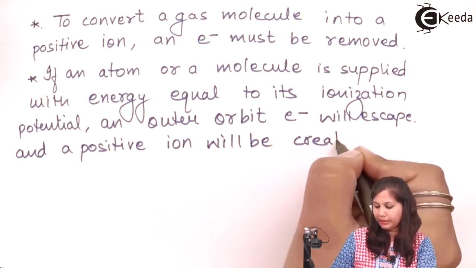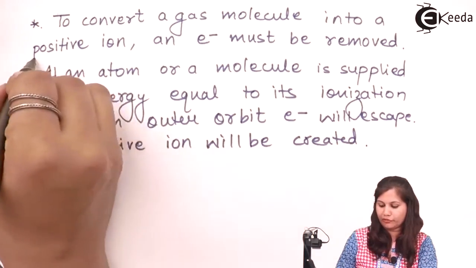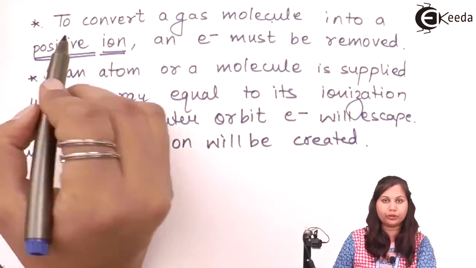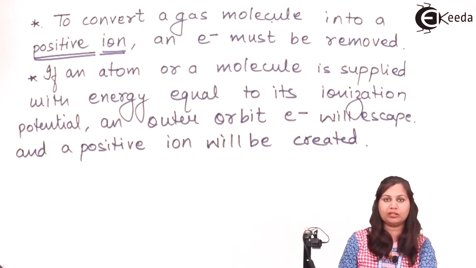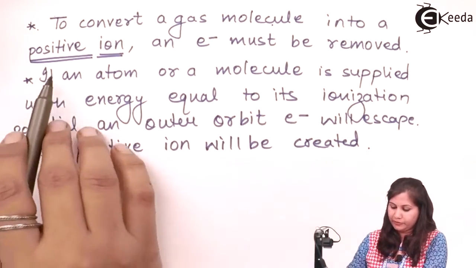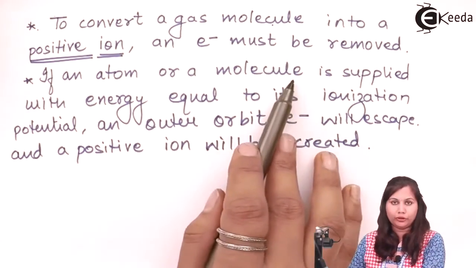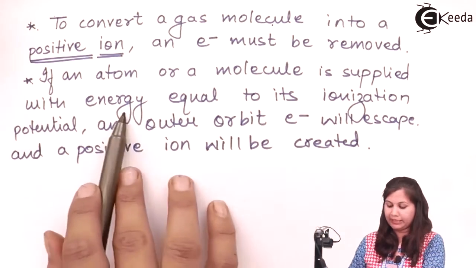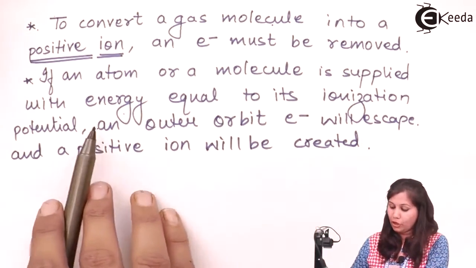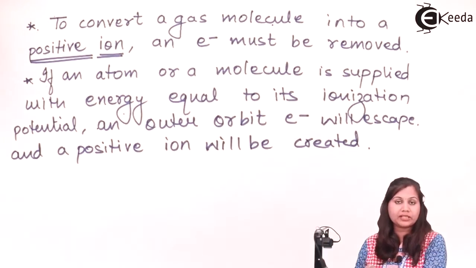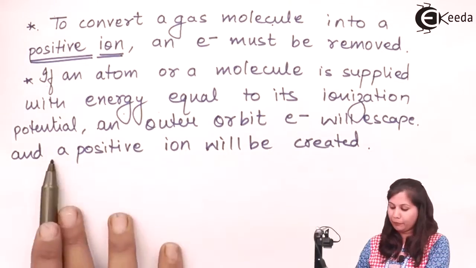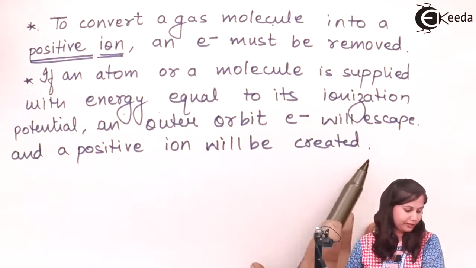Our main principle here is to generate the positive ion by removing the electron. This electron can be removed if, in an atom or molecule, we supply an energy which is equal to its ionization potential. Then the electron which is present in the outer orbit of the atom will escape and a positive ion will be created.